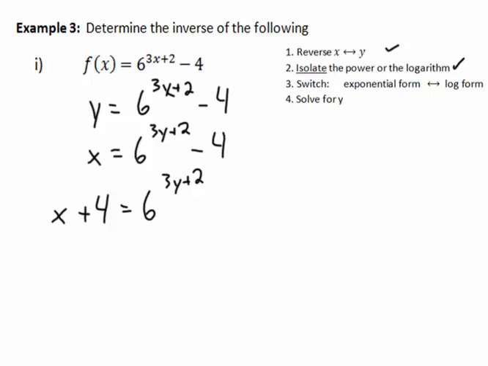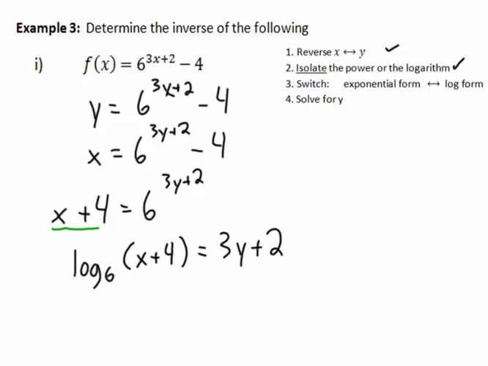We want to switch this from exponential to logarithmic form. So the switch, log, the base stays the same. The argument comes from the other side of the equation. X plus 4 is equal to the exponent, just like that.